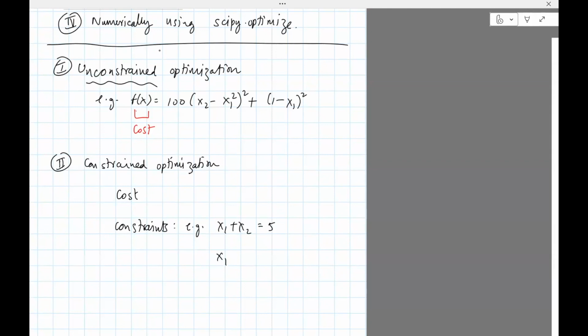Okay, here's another one: x1 square plus e raised to x2 is less than 2. So those are examples of constraints. The cost is some function of x1, x2. I'll just put something here: x1 square plus (x1 minus x2) cubed, something like that. Okay, there's a cost and there are constraints.